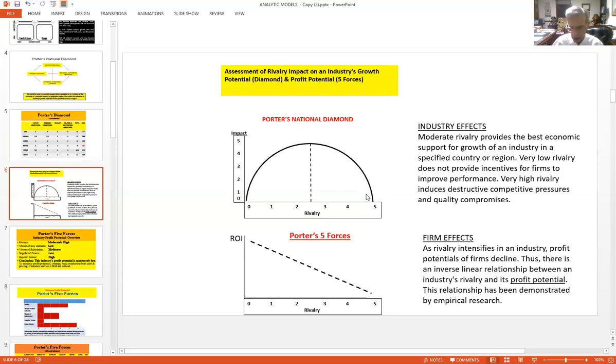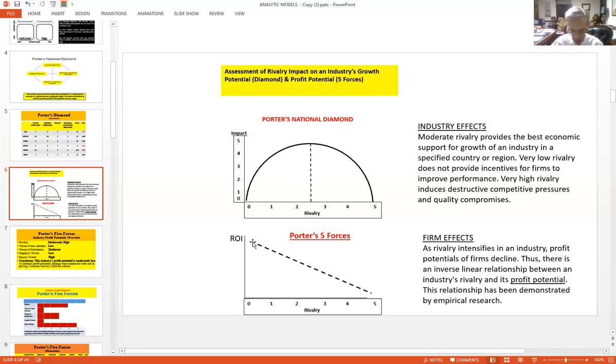So the bottom line is that what we want when we're looking for an industry's growth and health is moderate rivalry, not low rivalry, as is the case in Porter's 5 forces. But in Porter's 5 forces, we're talking about the profit potential, not the growth potential, not the potential for integrity and health, but rather pure profit.